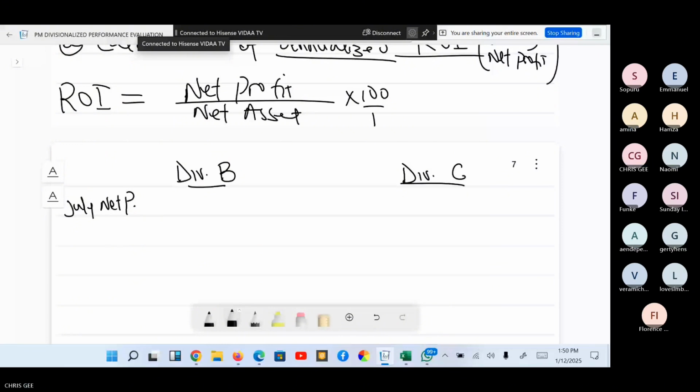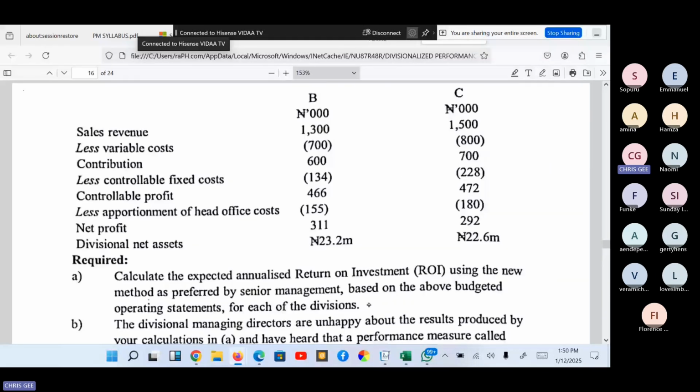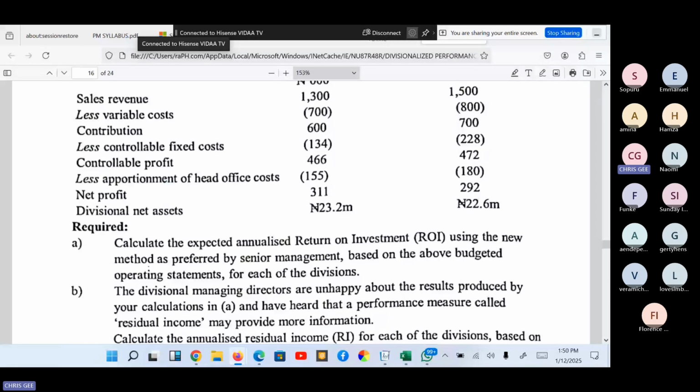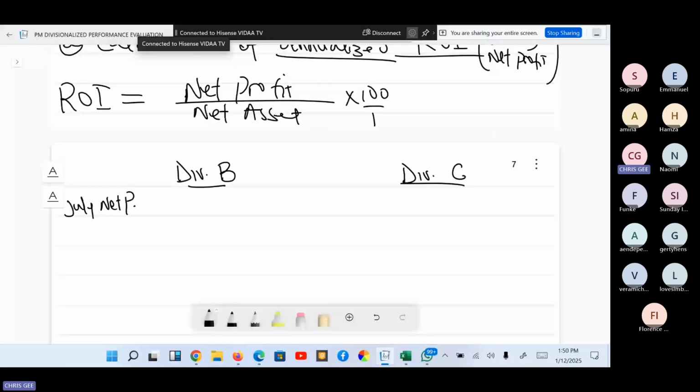Look at it here. Net profit for July is 311. Remember, they gave us for only 1 month, but the question is asking us to calculate the annualized. It means you have to multiply by what? 12. So 311 multiplied by 12, right?